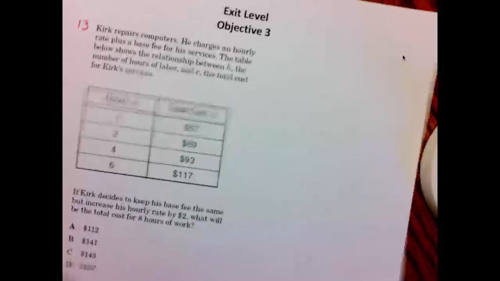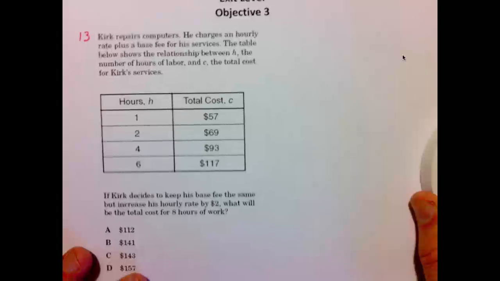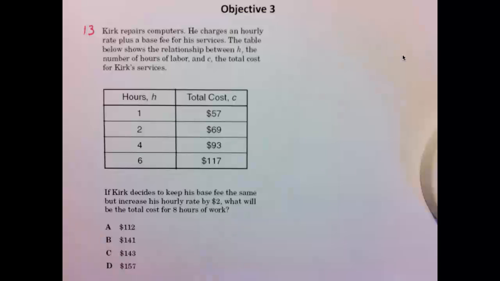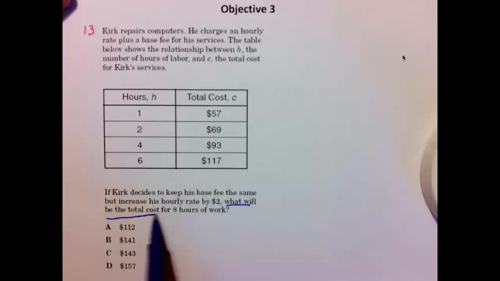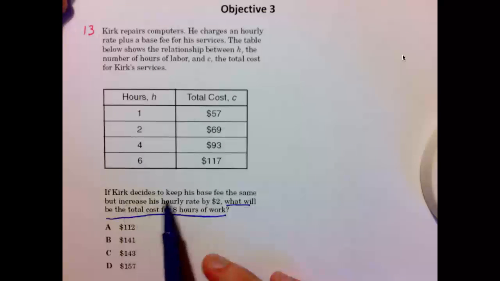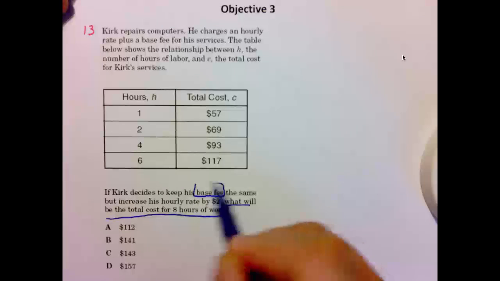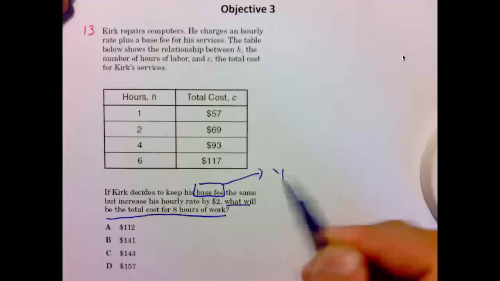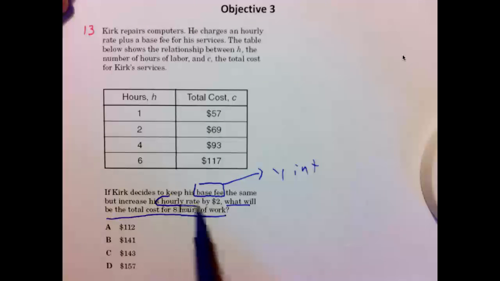Number 13. Getting to the question sentence. What will be the total cost for 8 hours of work? It says, if Kirk decides to keep his base fee the same, the base fee is referring to the y-intercept, but increase his hourly rate by 2.